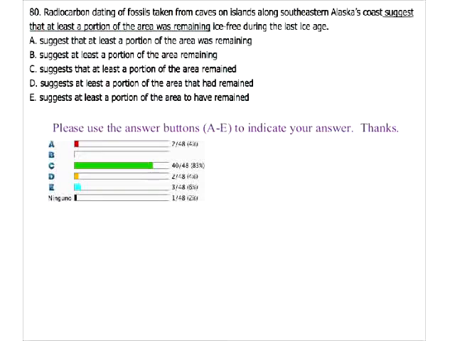So radiocarbon dating shows or suggests or indicates, again, notice the difference, suggest that clause versus suggest at least a portion, which is a noun. So it's not an idiom. Again, the idea is what's the message.